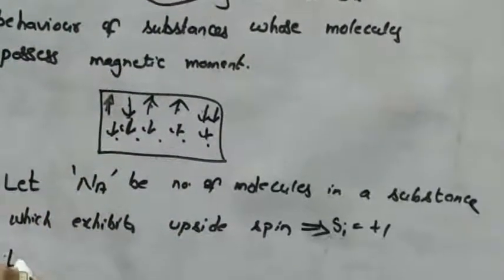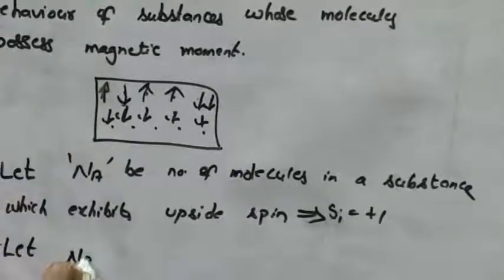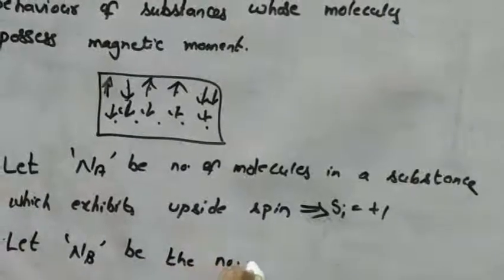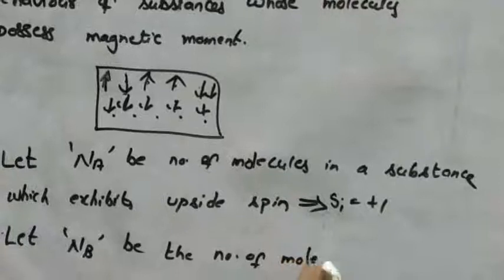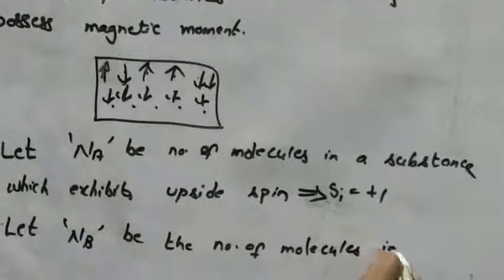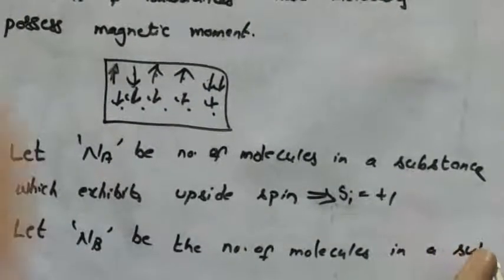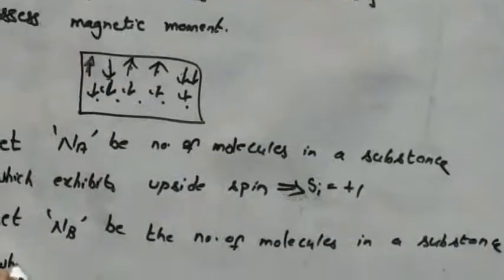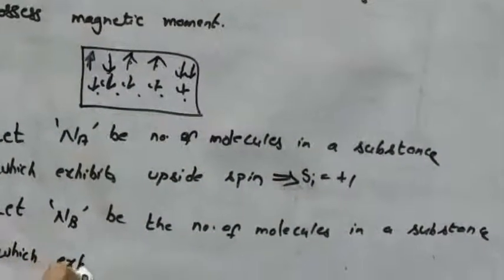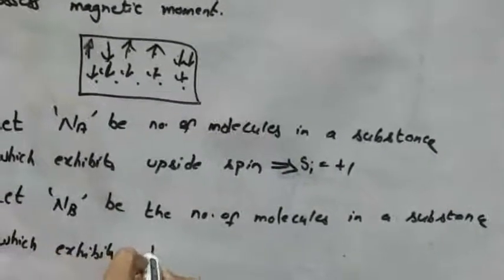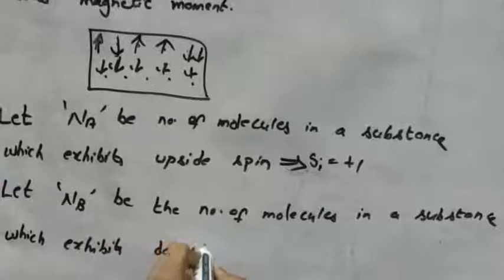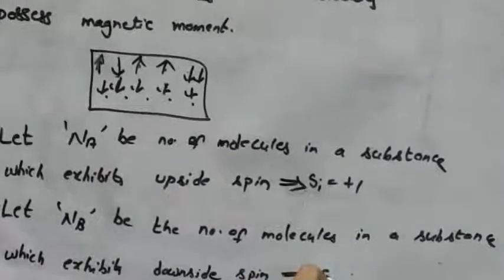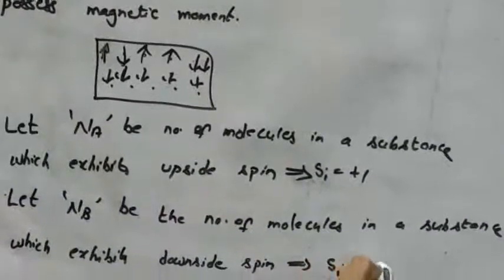So, let Nb be the number of molecules in a substance which exhibit downside spin, and the downside spin is denoted by Si is equal to -1.